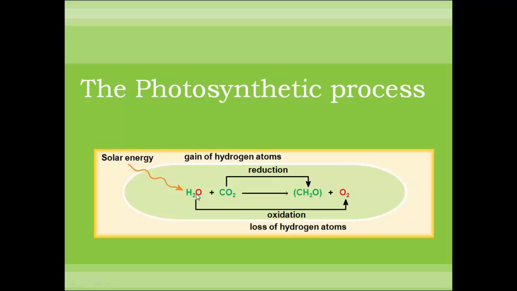You can also notice that these hydrogens are basically added to the CO2. When we add those hydrogens to CO2, it is called reduction. So the way it is talked about is that the carbon dioxide is reduced to carbohydrate because of the gain of those hydrogen atoms.